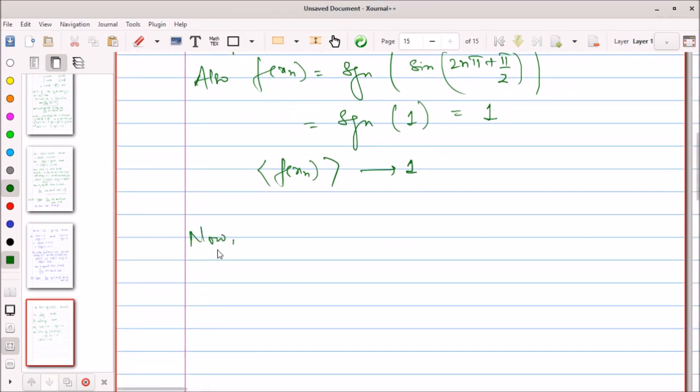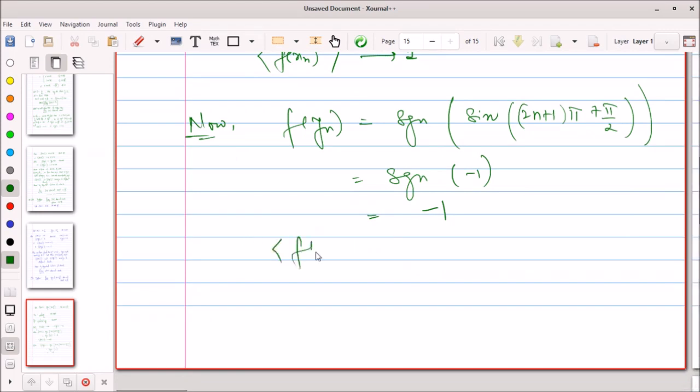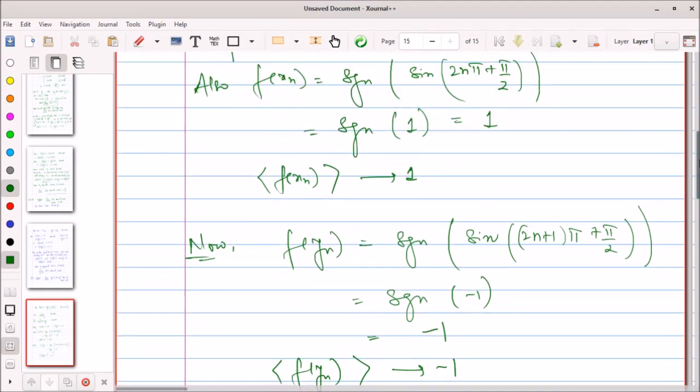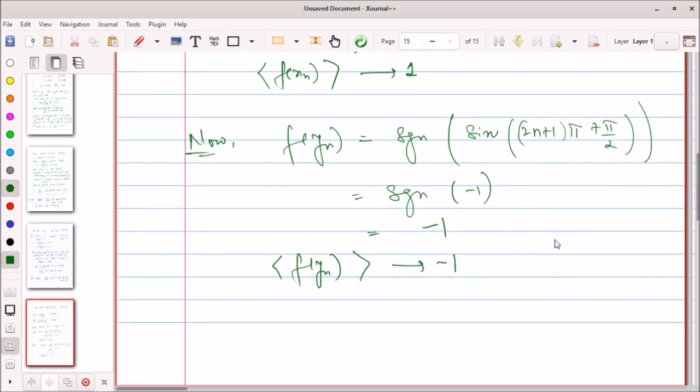Now f of yn equal to sine of ((2n plus 1) pi plus pi by 2). So this will give me sine of minus 1, and this is equal to minus 1. So f of yn is a constant sequence minus 1, so f of yn converges to minus 1. So we have found two sequences again, such that xn and yn converge to 0, but their corresponding sequences converge to different limits.